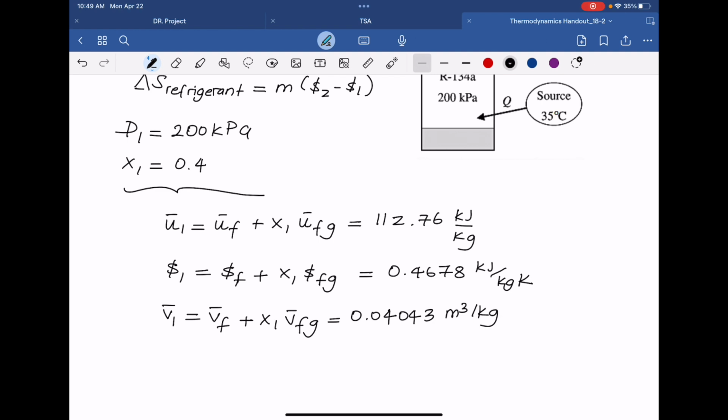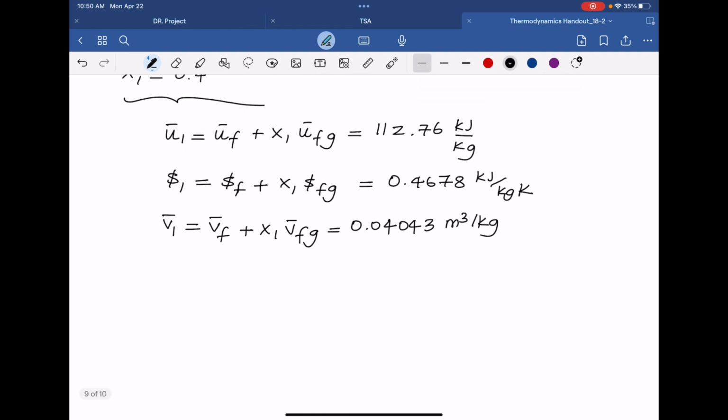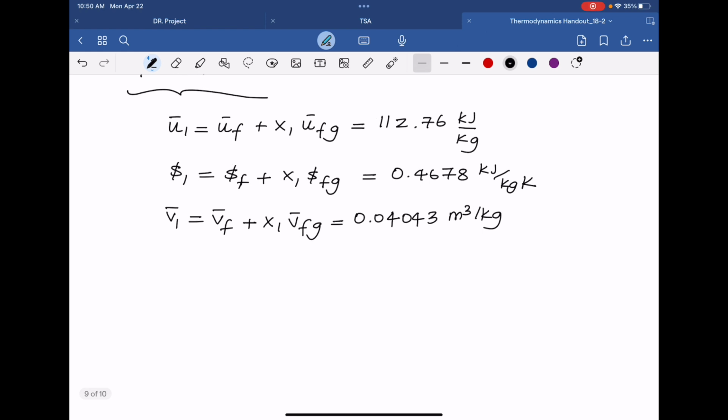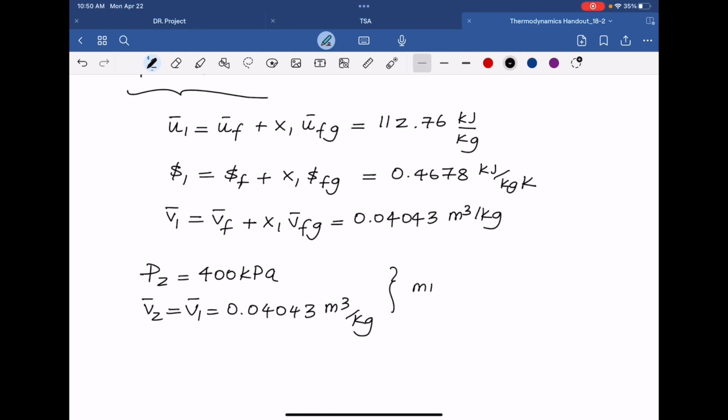Okay, very good. Same way we look at the second state, we know the pressure at the second state, and then we know specific volume. It turns out we have also a mixture.